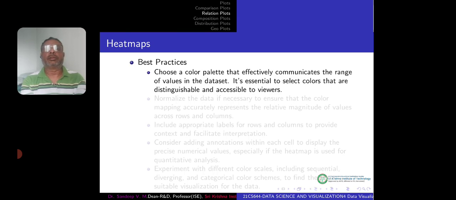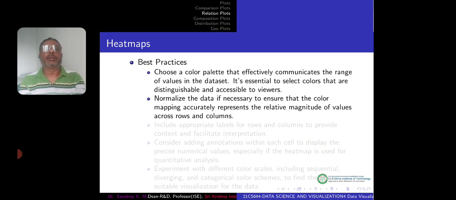Make sure that the colors are distinct and can immediately differentiate between neighboring colors, so that they are easily recognizable, accessible to the viewers, and they can understand the overall message we are trying to convey.